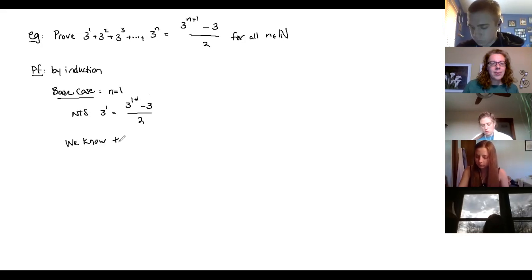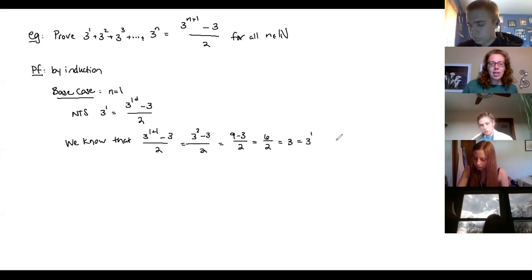We know that 3 to the 1 plus 1 minus 3 over 2 is 3 squared minus 3 over 2. That's 9 minus 3 over 2, 6 over 2, which is 3, and that's 3 to the first. So that's good. We've got our base case. That's what we want to show.